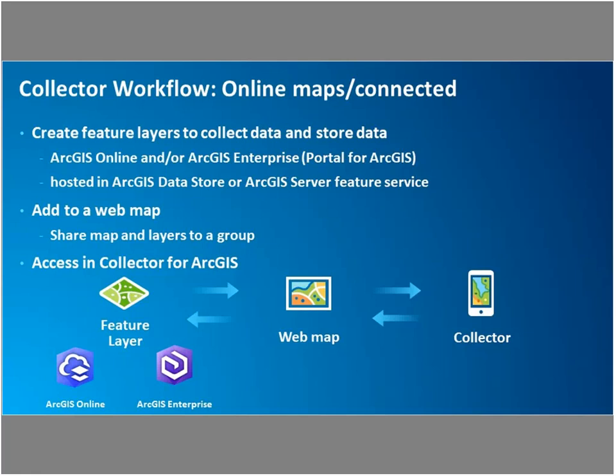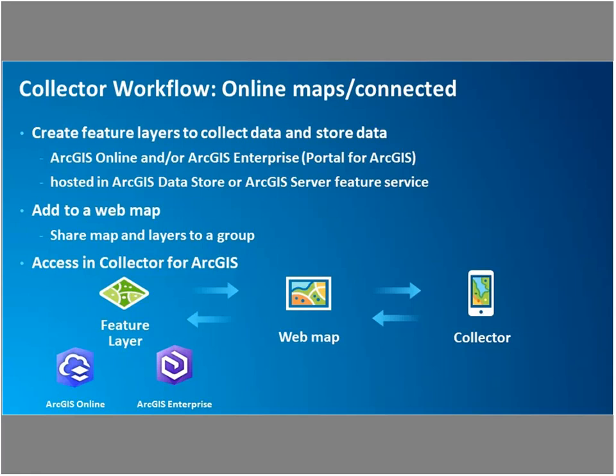Data collected is stored in a feature layer, which resides in your WebGIS, and maps using Collector are accessed through either ArcGIS Online or ArcGIS Enterprise. So either our on-premise hosted option, which is ArcGIS Enterprise, or the Esri hosted in the cloud, ArcGIS Online. In ArcGIS Online, your data needs to be in a hosted feature layer.